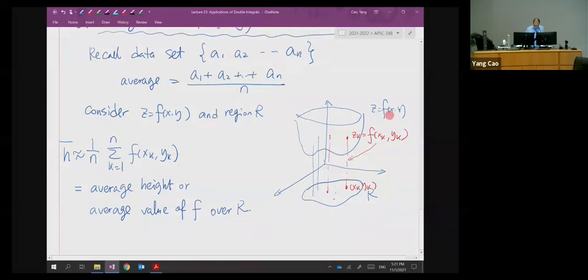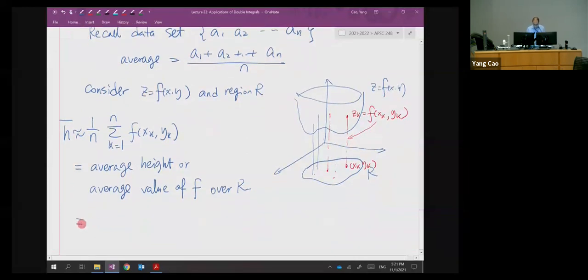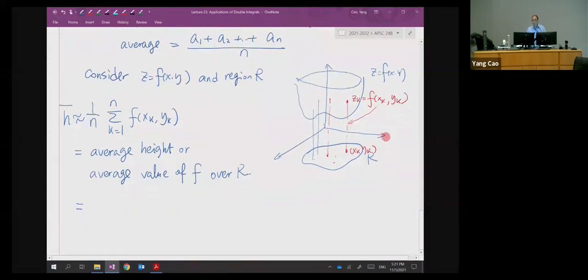Now I'm going to manipulate this expression. Manipulate means I'm not going to change it, I'm just adding, subtracting, multiplying or dividing. We're going to multiply delta A to this expression.